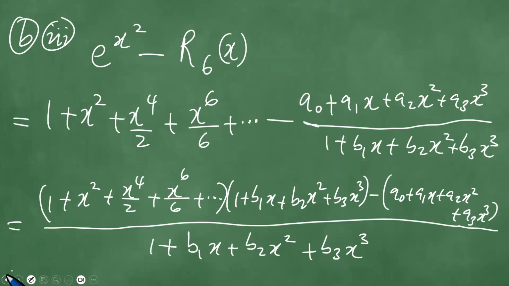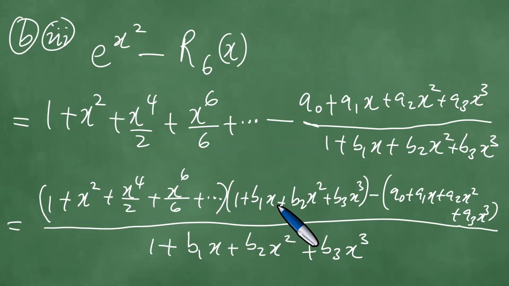Let's look at the x squared. So x squared is going to come from what? It can come from many things, but if you multiply, for example, b2 with 1, and also you multiply b1x with, okay, b1x is not going to produce that, but the b2 with 1, and also the 1 with the x squared. So those ones are going to produce x squared.